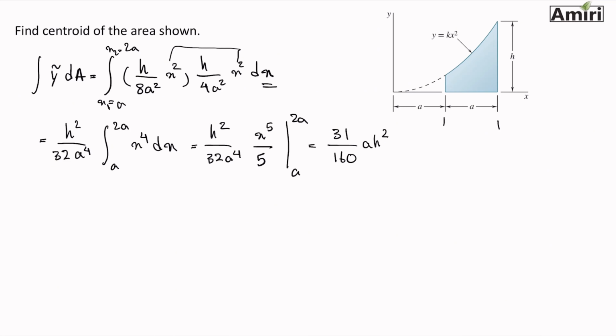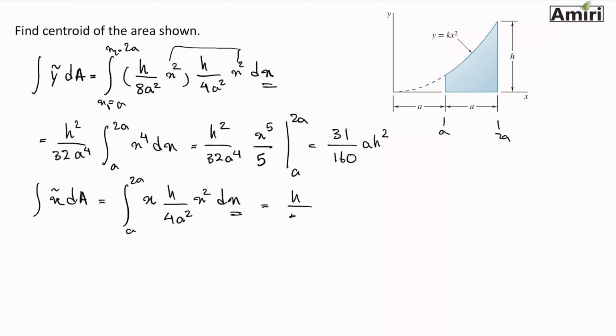Let's do x tilde dA. That's the next one I want. X tilde was just x, and dA was h over 4a squared x squared dx. I have dx, so the bounds of my integral are going to be x again, x1 goes from a to 2a, same as before. This will result in h over 4a squared, integral from a to 2a of x cubed dx.